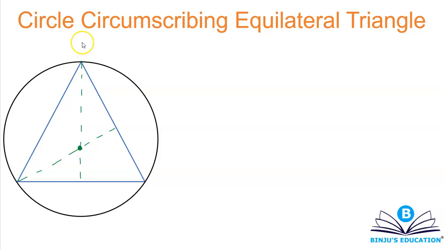So let me name the triangle P, Q, R and S, and you can call this T. So PS and QT are the medians, so their point of intersection will automatically be the centroid.